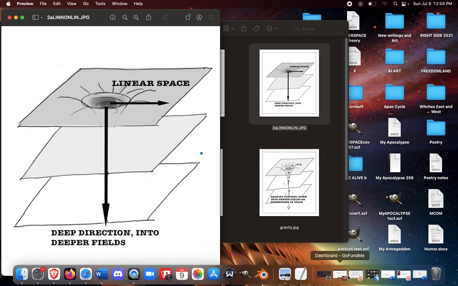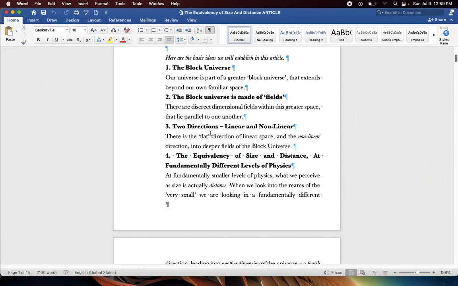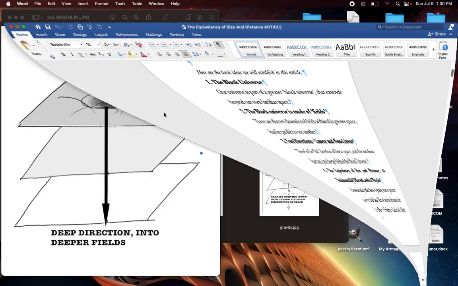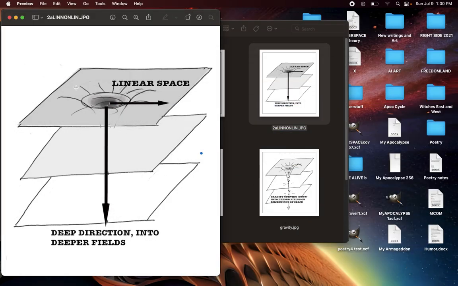Right here you have two directions, which are the linear and the nonlinear. When we move within this sheet of space, that would be the linear direction, linear space. And as we go deeper into fields that lie under our universe, our field of space, that would be the nonlinear.